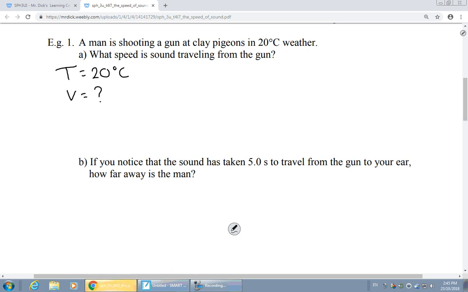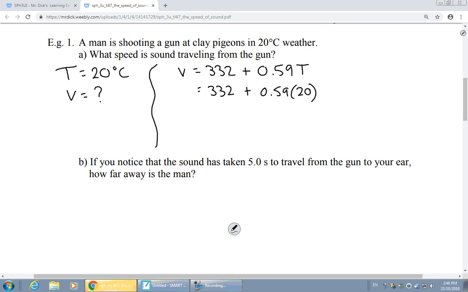But it's velocity that we're going to try and find. So our formula, once again, is 332 plus 0.59 multiplied by temperature, T. So that's 332, and in our case, it's 0.59 multiplied by 20.